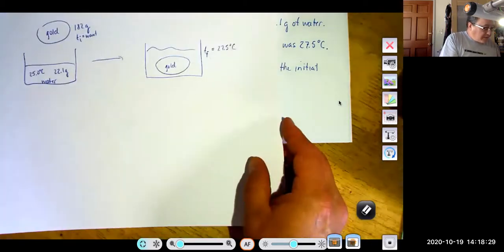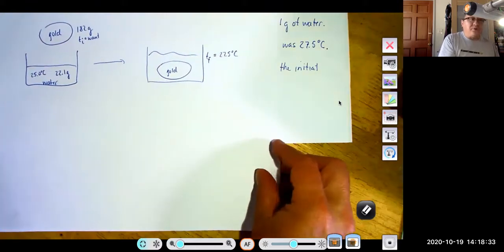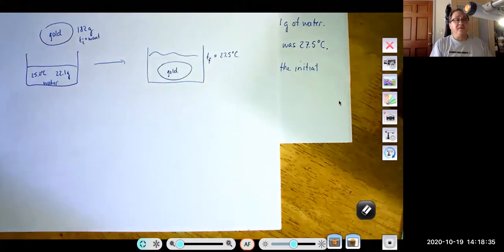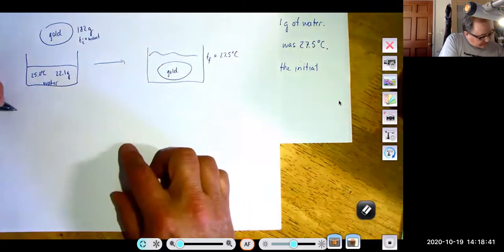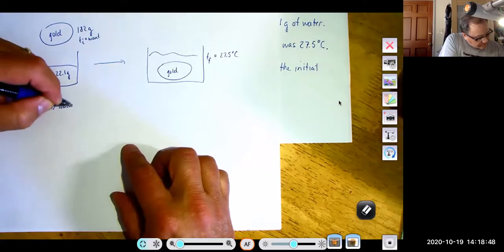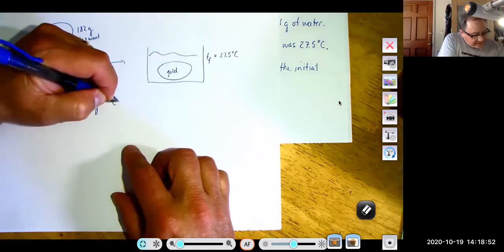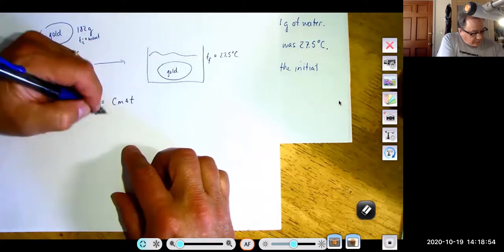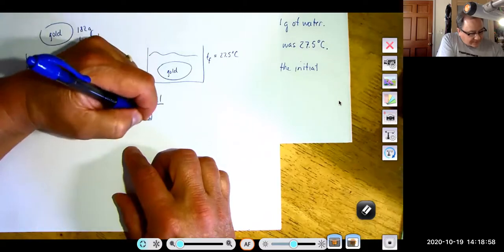So I'll just do the two-pronged approach to solving this. First of all, we're going to solve for how much energy the water absorbed. And that's going to be Q is Cm delta T, which in this case is 1 calorie per gram degree Celsius.